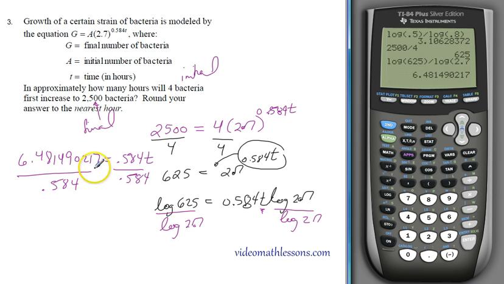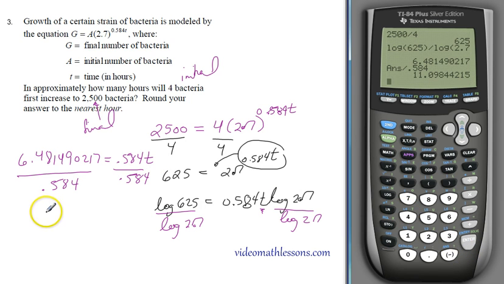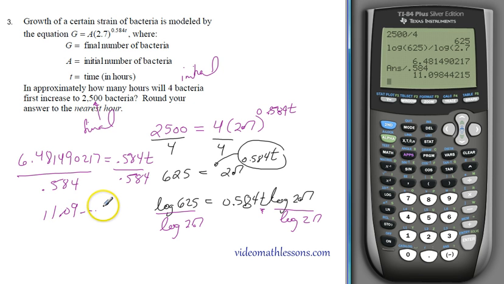You always want to keep this and you calculate to the very end and then round your answer. Never round early. So I'm going to divide by 0.584. And we get 11.09, and a bunch of decimals. T equals 11. They want me to round to the nearest hour, so it's going to be 11.